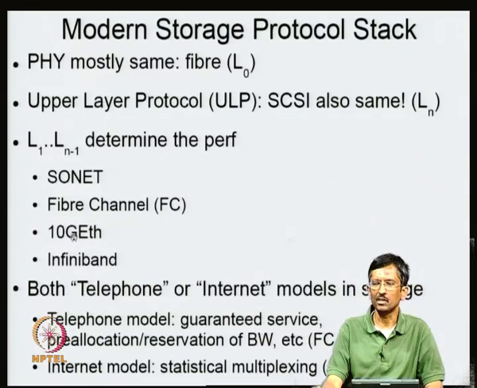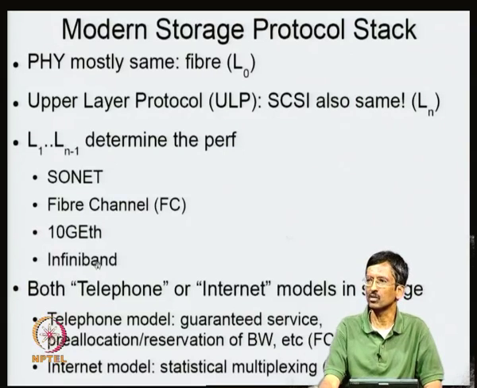You will see that with the speeds of gigabit Ethernet, etc., and higher speeds like 10 gigabit Ethernet, this also has become very attractive. And there is also another model called InfiniBand, which was devised as a system interconnect. That means connecting CPUs, not necessarily storage. So this has also been attempted to be used to interconnect storage and multiple storage units along with the computing engines. So there are various possibilities.